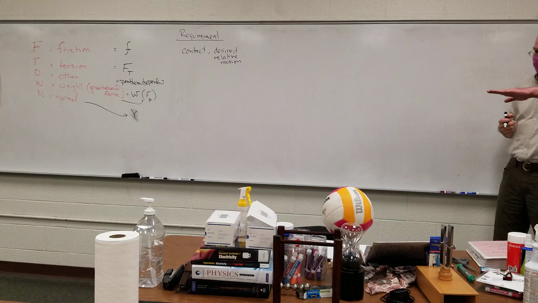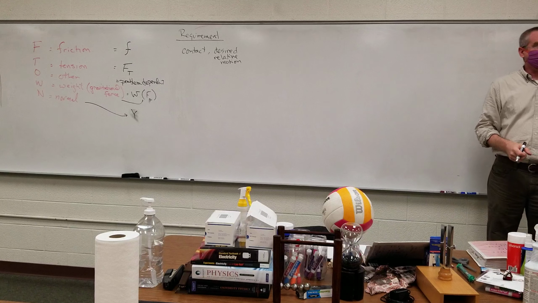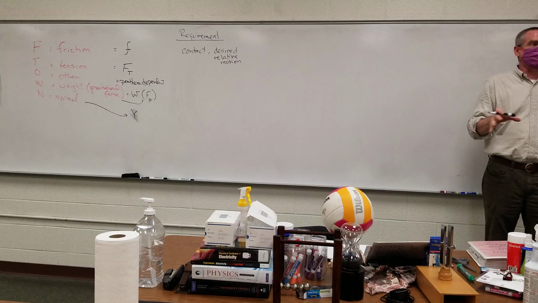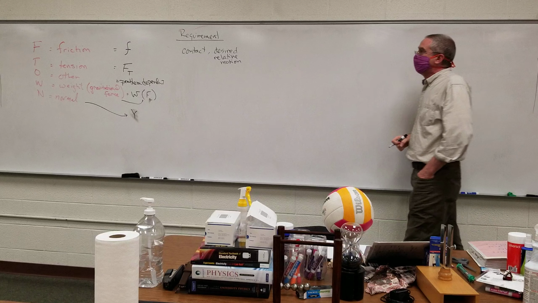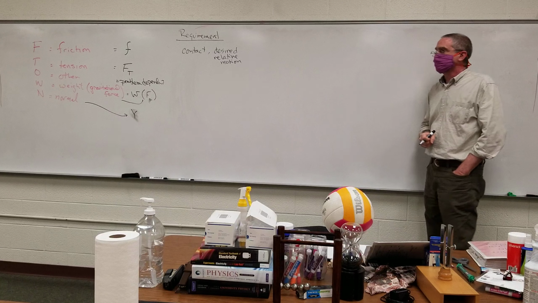If I have a perfectly level surface and I put a box on it, it doesn't have any desire to slide one way or the other. There's no friction involved. It's only when it wants to move that friction kicks in.